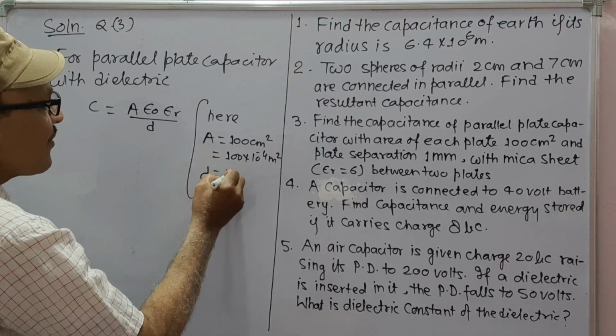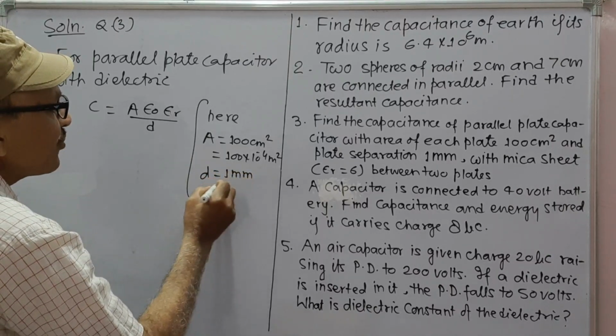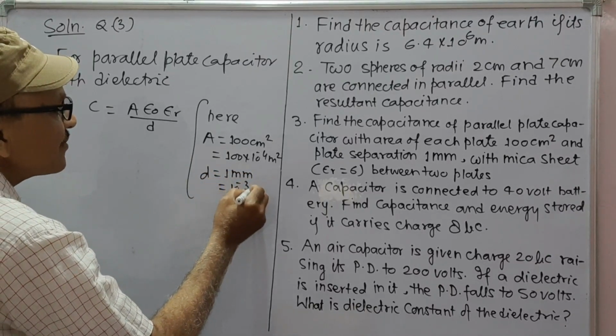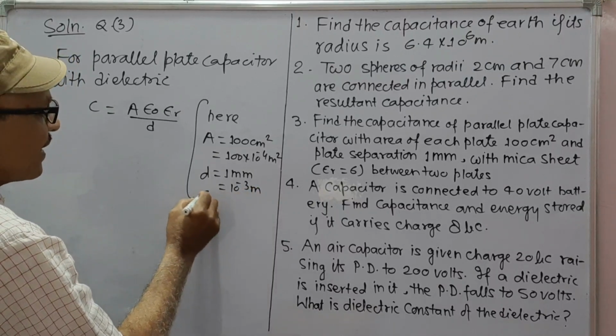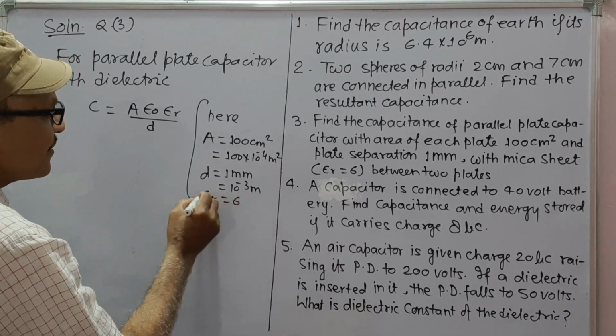Separation D is 1 millimeter, which is 10 to minus 3 meter. Dielectric constant is 6.